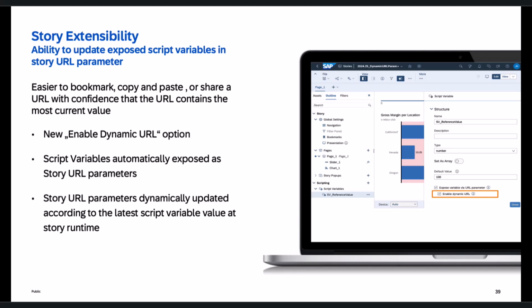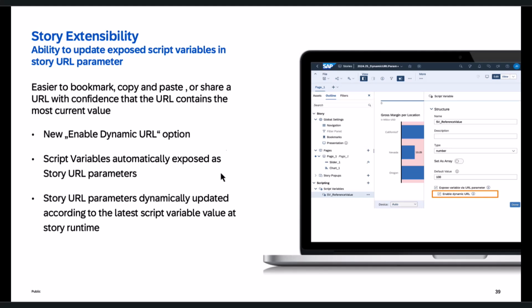So with this release, we can synchronize the URL script variable parameter with the actual script variable value within the story. With that, it is easier to bookmark, copy and paste, or share the URL with the confidence that the URL contains the most current value.